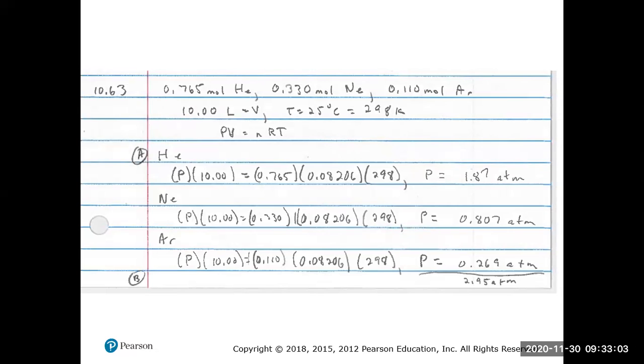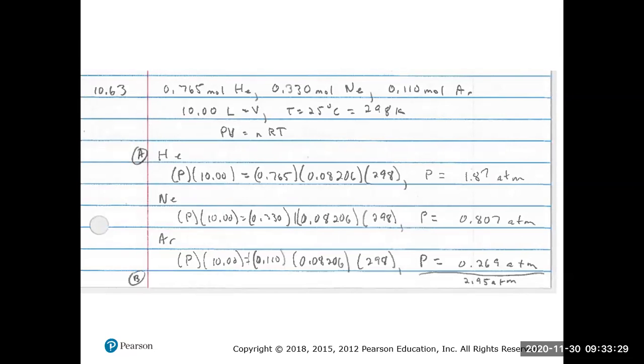So let's do helium first. We have pressure times 10 liters equals the moles of helium, which was 0.765, times our gas constant, and then times 298. We solve for that pressure value and we get 1.87 atmospheres. We do the same type of calculation for neon and argon.